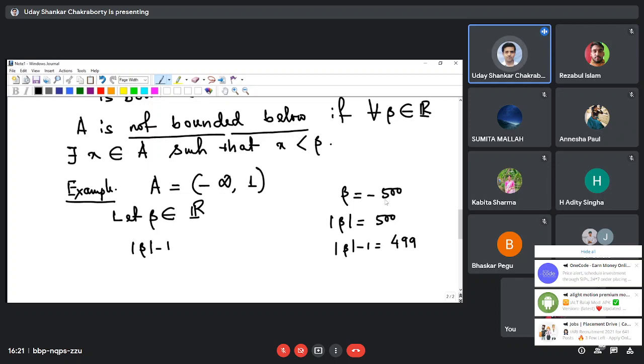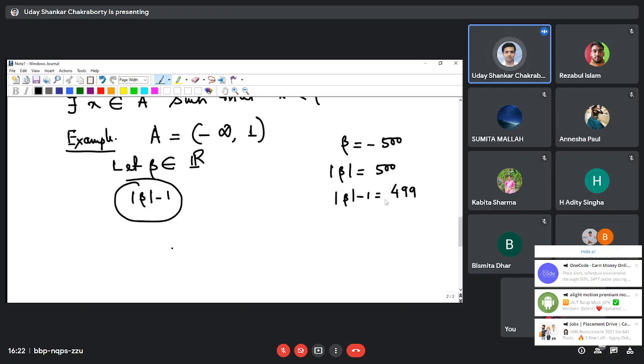Let me ask somebody else. Amit Kumar. So this does not work. Any other element from the set which is less than beta? Sir, I think 1 minus mod beta. Who said? Bishmita Dhar. Yeah.